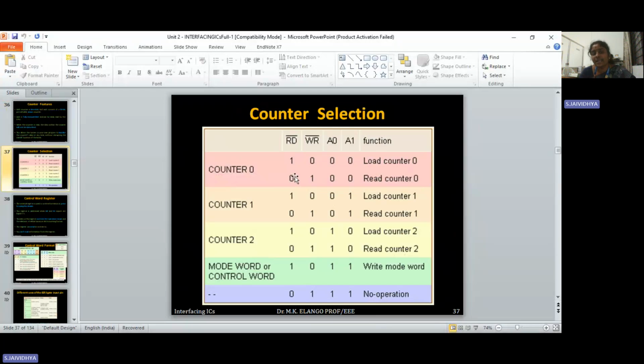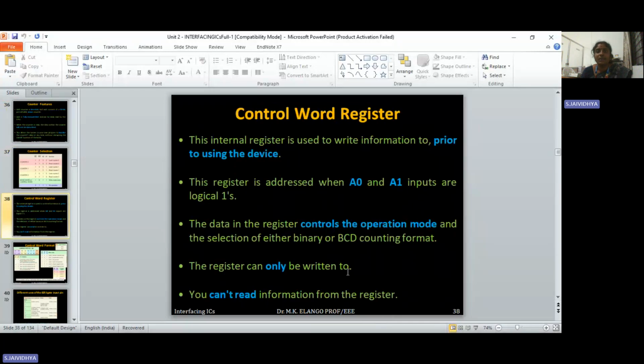When the read signal is active high and the write signal is active low, the counter write is enabled. Likewise, counter 1 and counter 2 will start their operation. For the mode word or control word, when the write signal is active low, the write of the mode word starts. This helps to understand the counter selection, and how the read-write logic inputs are reflected.